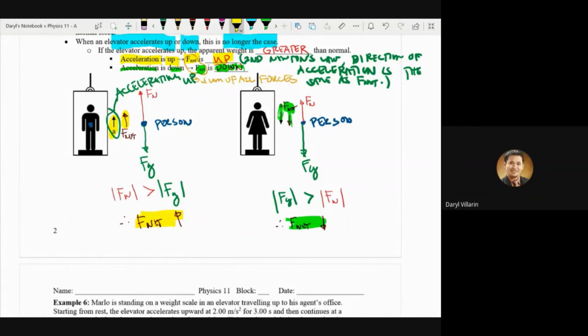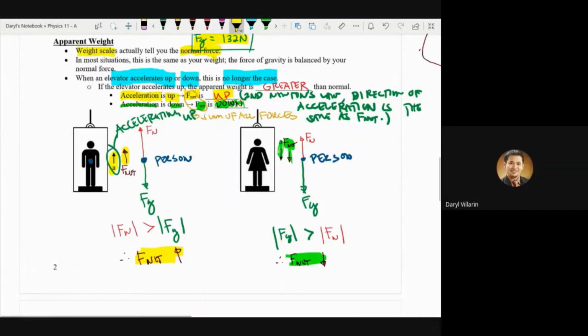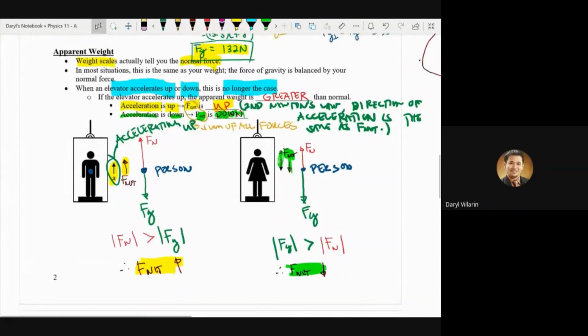Again, we're talking about the person. That would be our object, okay? And the person is acted upon by two forces. One is the force exerted by the surface. Since the person is on top of your scale, that is your normal force. And the weight that you read in your scale is just the normal force.